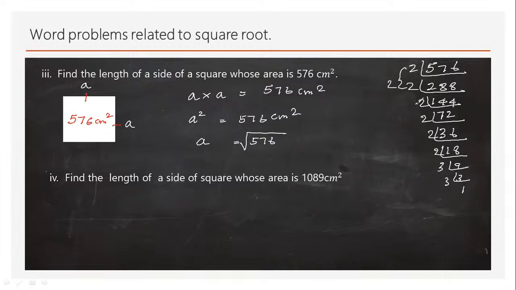Take one 2, one 2 from this, and so on. 2 times 2 is 4, 4 times 2 is 8, 8 times 3 is 24. A equals 24 centimeter. 24 centimeter here.